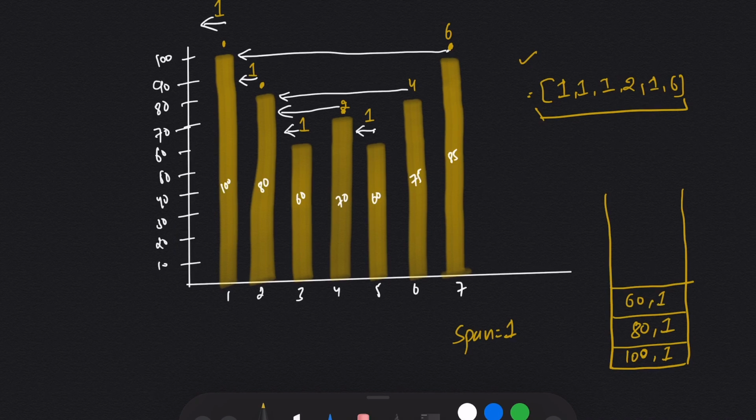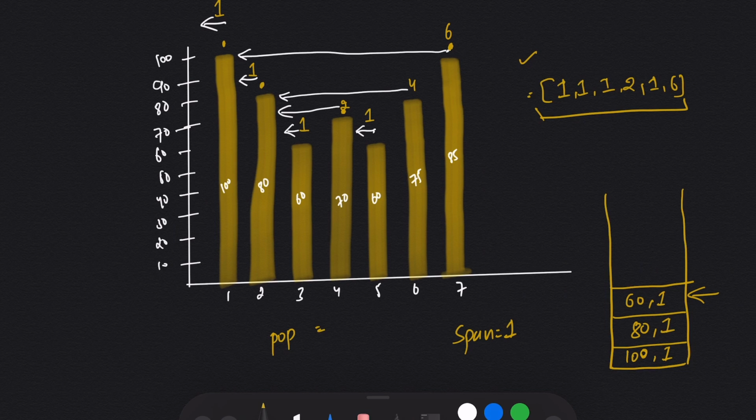Now comes 70. Now I will check whether the previous day price is less than 70 or not. Yes, it is less. Then what I am going to do is increase the value of my span by the value of the previous day. So I will pop the top element.